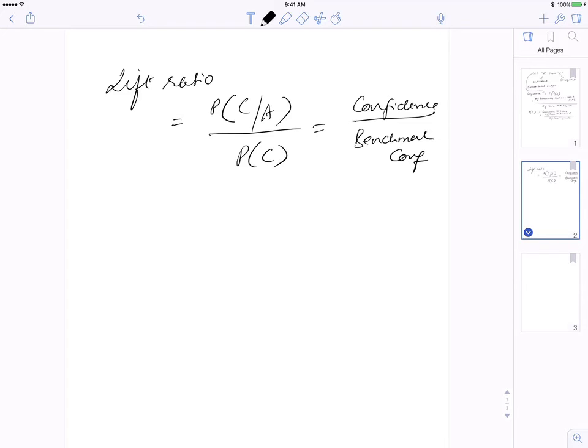So let's take the example of iPad and iPhone. It says the probability of somebody buying an iPad given that they bought an iPhone, divided by the probability of buying an iPad.